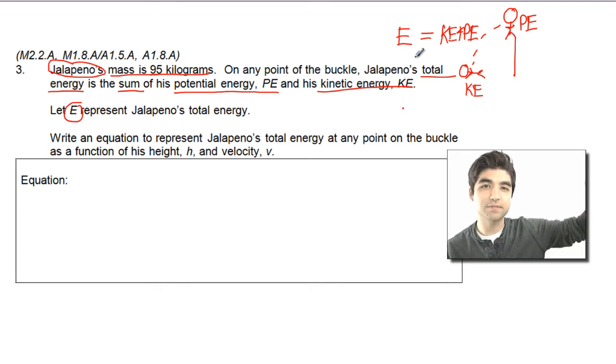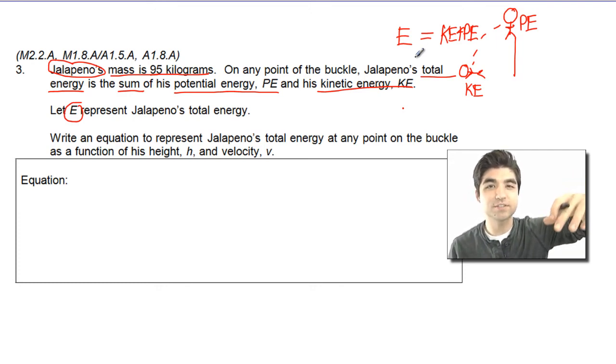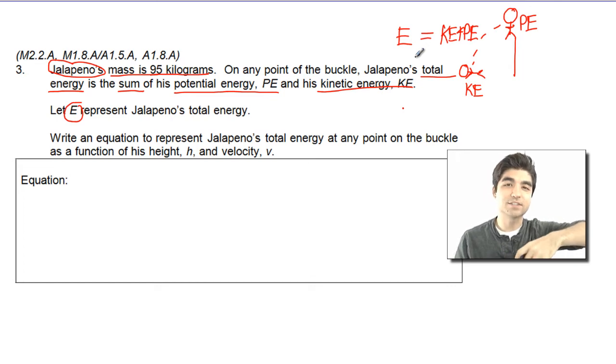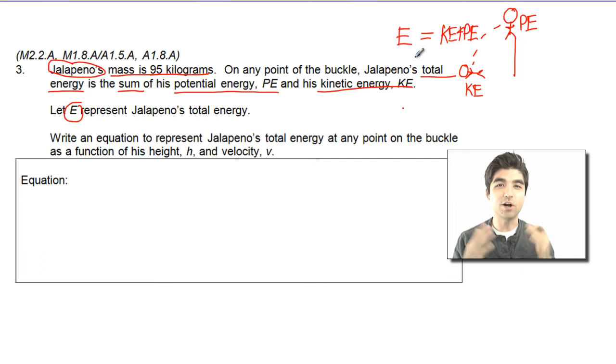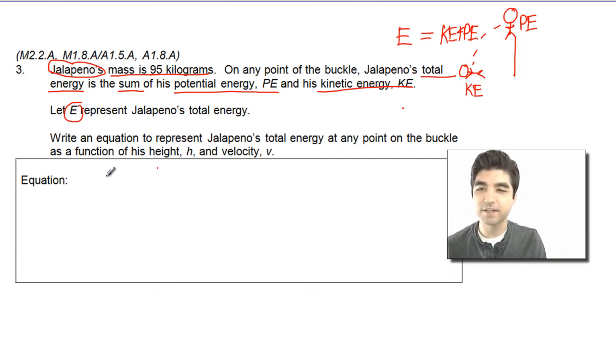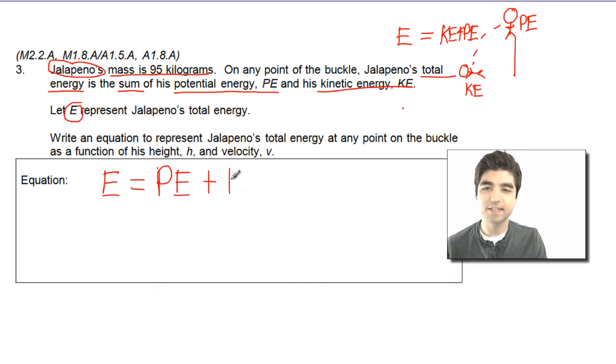So as he jumps off, his potential energy starts going down, and then he starts gaining more and more kinetic energy, but the energy always stays the same. So what we need to do here is create an equation: energy equals potential energy plus kinetic energy.